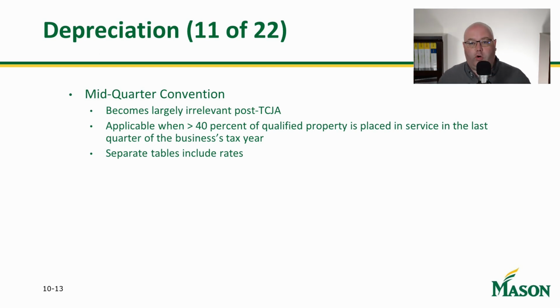Okay, mid-quarter. It becomes largely irrelevant post-TCJA. But basically, it applies when 40% of qualified property is placed in service in the last quarter of the year. This is why you have to use tax software for this, guys, because it's easy to miss if you're not paying attention.